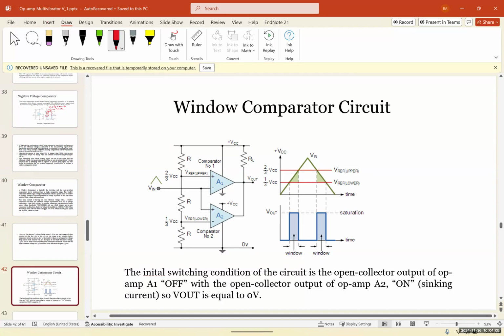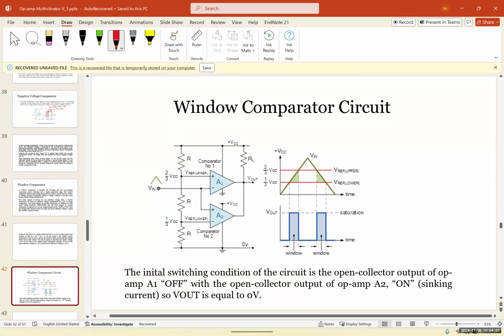If we combine the 2 comparators, the positive and the negative, and we connect the positive of one op-amp to the negative of the other, and connect that to Vn, we create what we call a window comparator. So the window comparator has 2 reference voltages. One is the upper reference voltage, and the other one is the lower reference voltage.